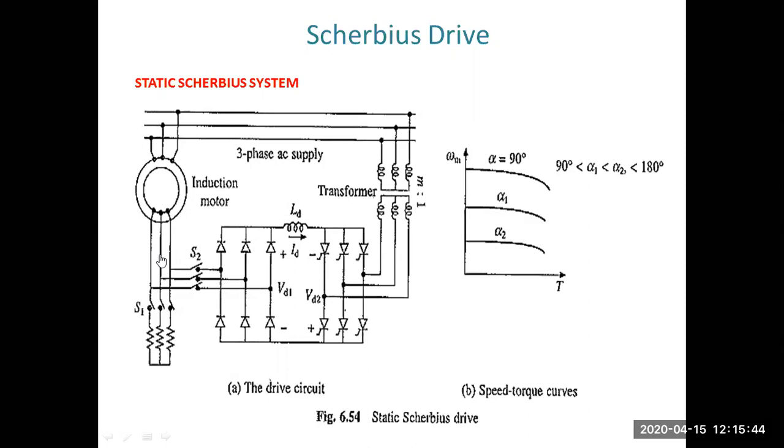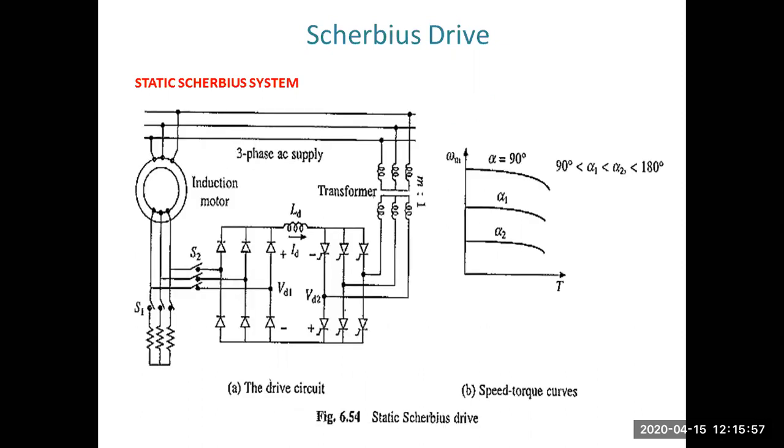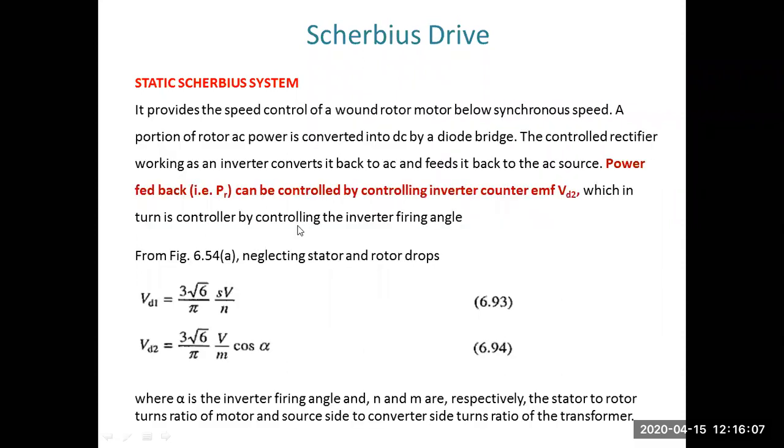Now, how does it work? First, we will see some analytical things. By neglecting the drop across the inductor, we can assume that the voltage across this inductor is nearly zero.